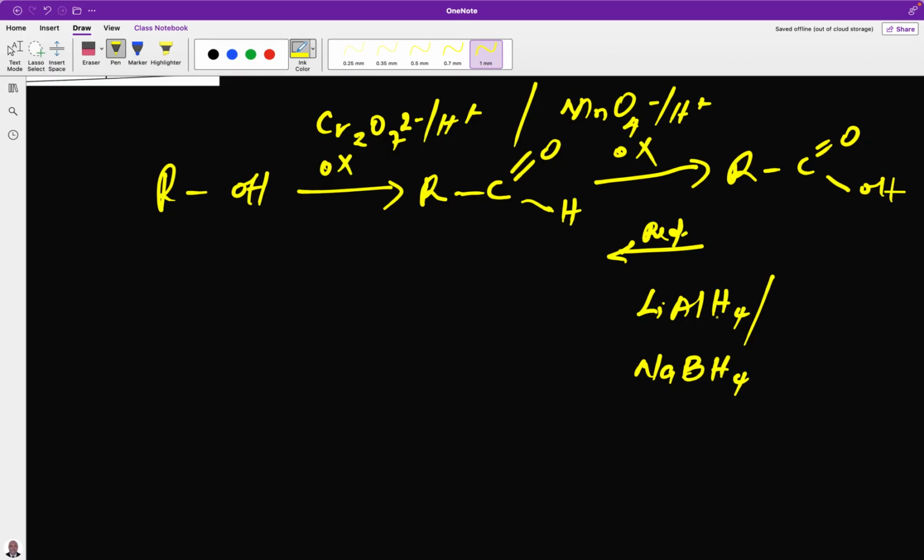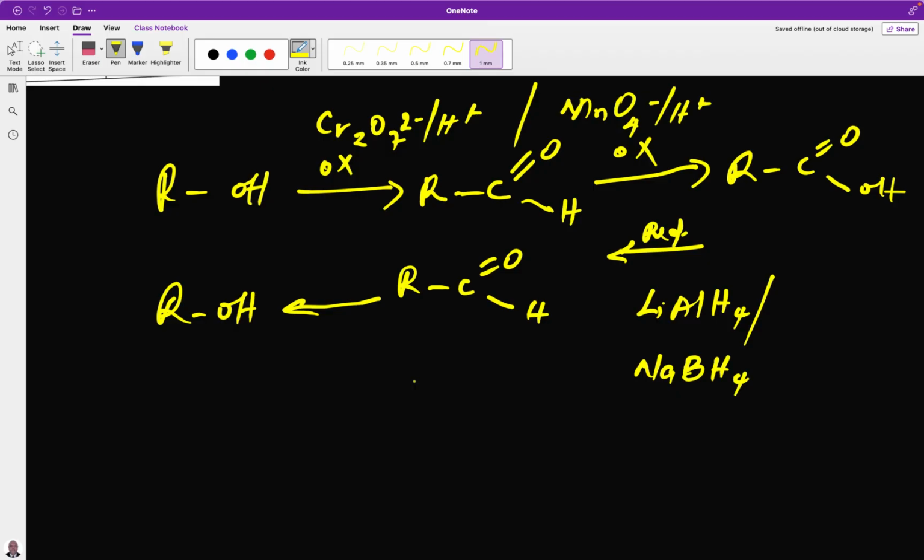So we can use this reagent and reduce carboxylic acid to aldehyde again, which is further reduced to primary alcohol. So I am indirectly telling you that reduction is the reverse of oxidation.